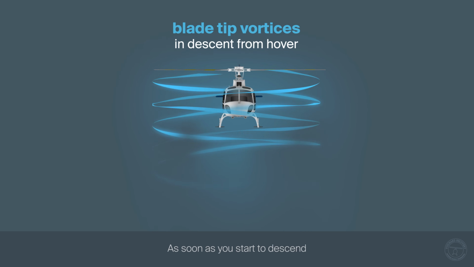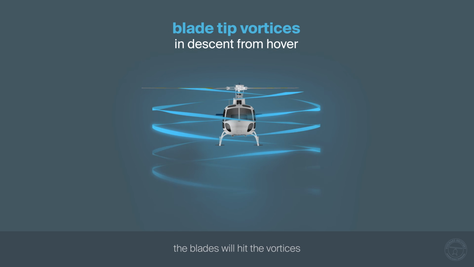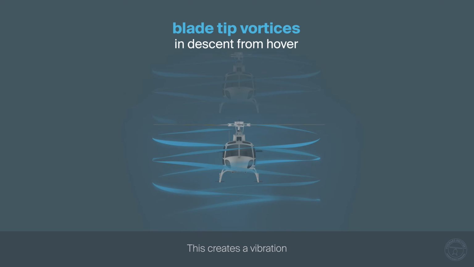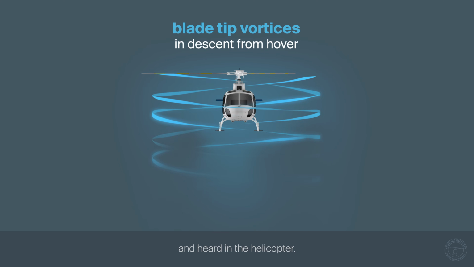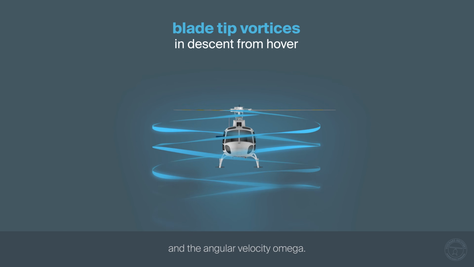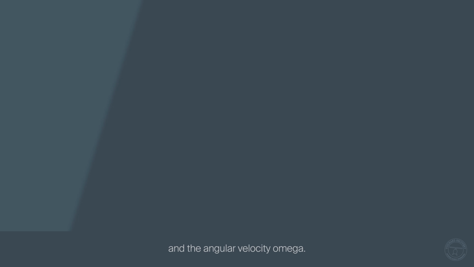However, as soon as you start to descend from the hover, the blades will hit the vortices of the preceding blades. This creates a vibration that can be felt and heard in the helicopter. The frequency of these vibrations depends on the number of blades and the angular velocity omega.